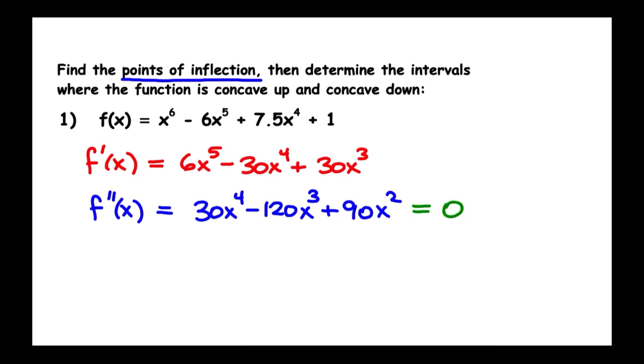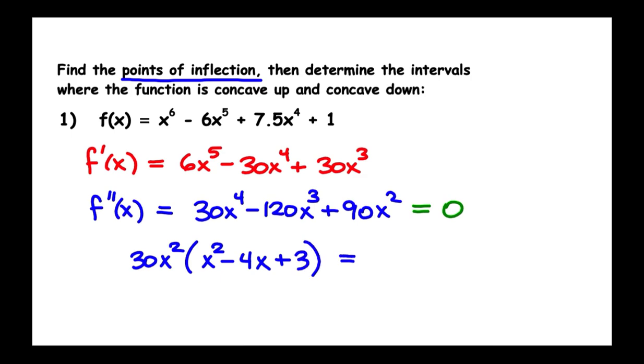Now, like I just got done saying on the last slide, just because the second derivative is equal to 0 is not enough evidence to prove that it's a point of inflection. I've got to do a little bit more than just that. But for now, it's a good starting point. So I'm going to work my algebra 1. I'll start out by factoring. I can take out a 30x squared, leaving me with x squared minus 4x plus 3.